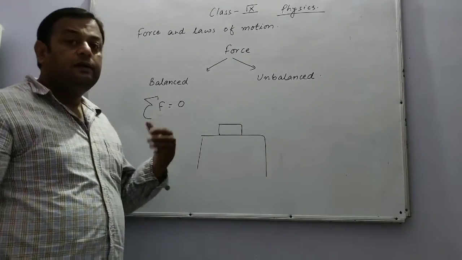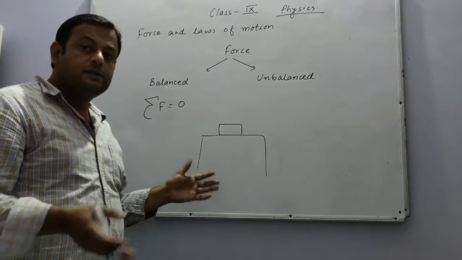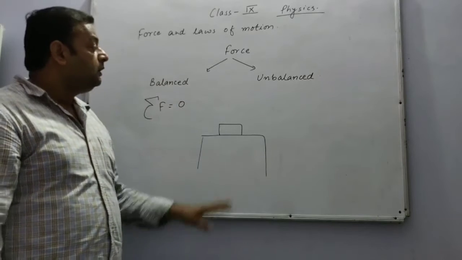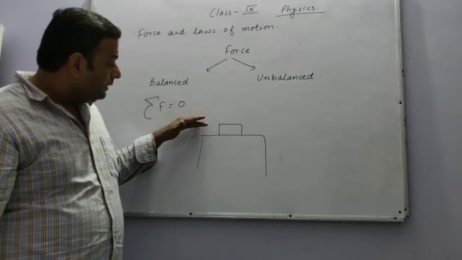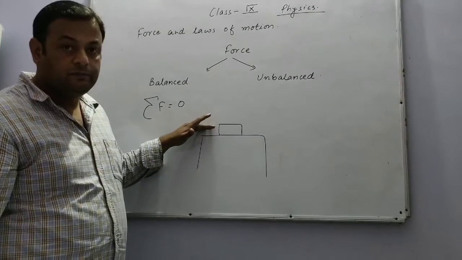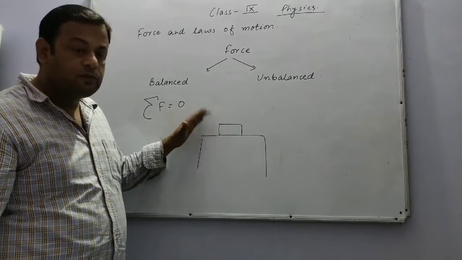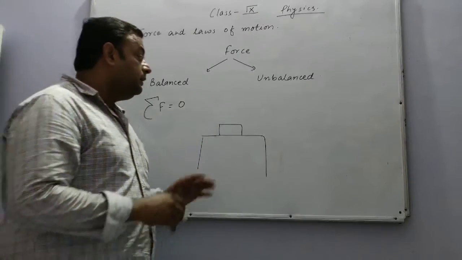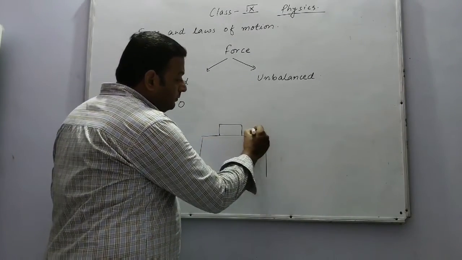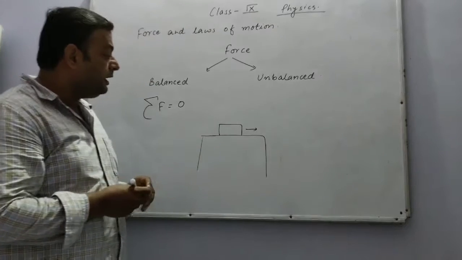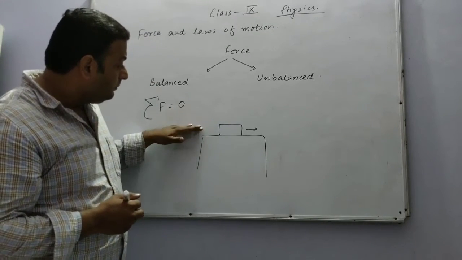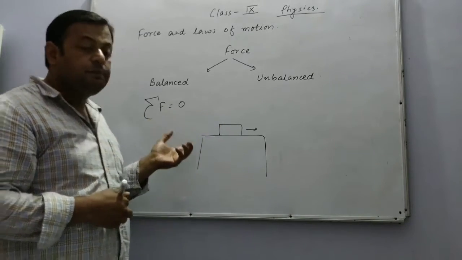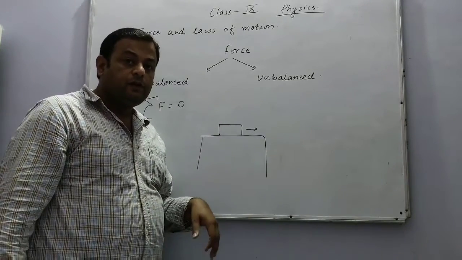Sigma means the sum of all the forces that are acting on this object. Now what will happen if we push this book? If we apply some external force with our hand and push the book, then the book will start moving in this direction, because we have given force in this particular direction, or we can simply say we have given an unbalanced force.